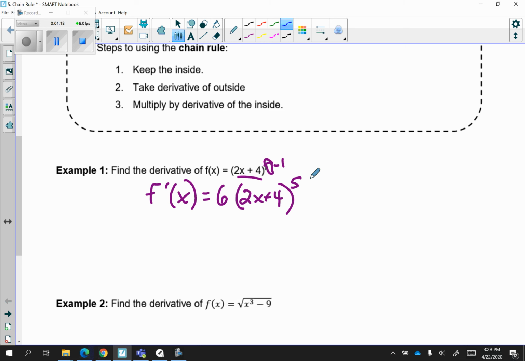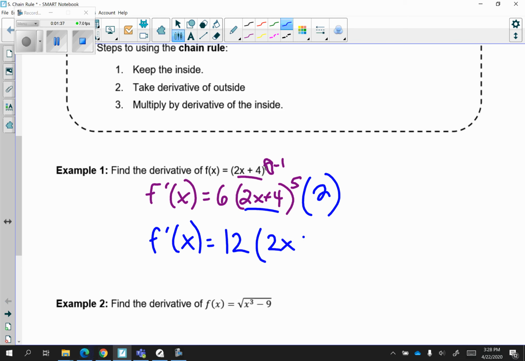And then I'm going to multiply it by the derivative of the inside. What's the derivative of 2x plus 4? That's just 2. So f prime of x is equal to 12 times 2x plus 4 to the 5th.